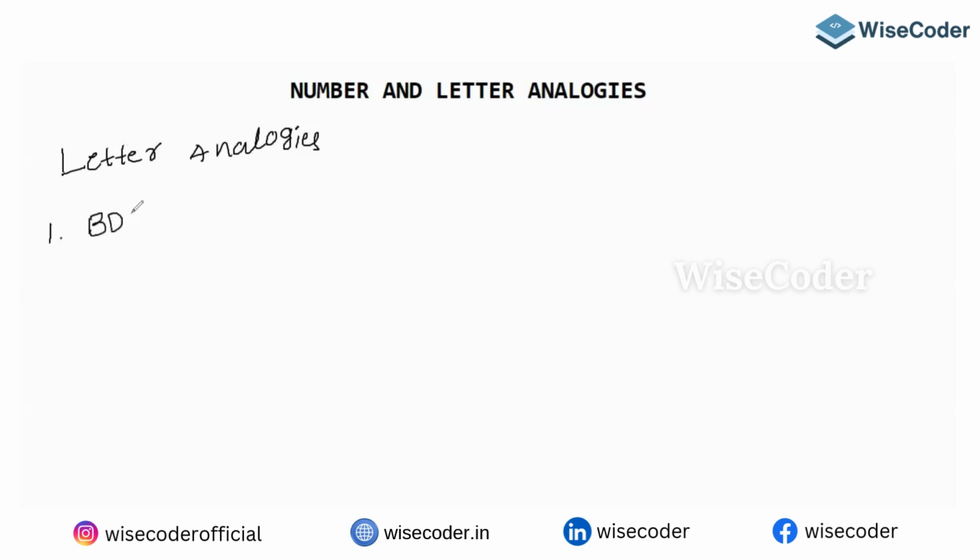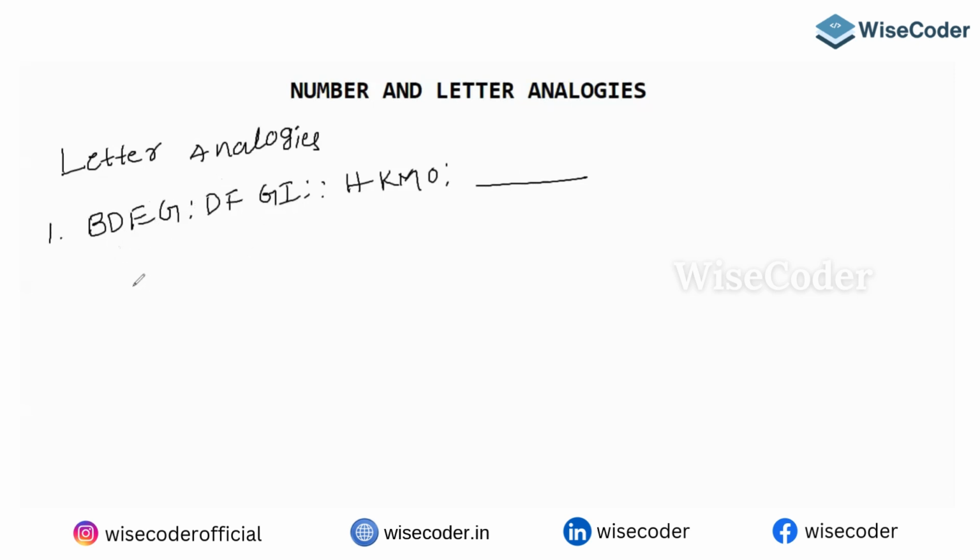B, D, E, G is to D, F, G, I, as H, K, M, O is to what? Guys, that's what I'm trying to tell you. If you want to be good in analogy, odd man out, coding-decoding, number and letter series, you should be good with your place positions.